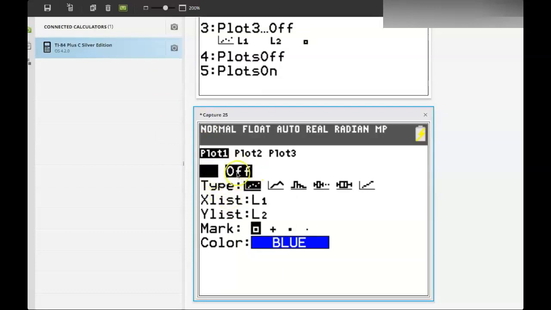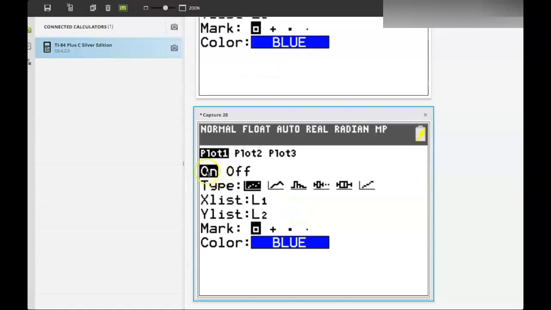Now here it is off, we should choose that one to turn it on. I want the scatter diagram, choosing the first one. Here we have L1, L2, so that is great. I can use that one to graph. The color doesn't matter because we only have one group.